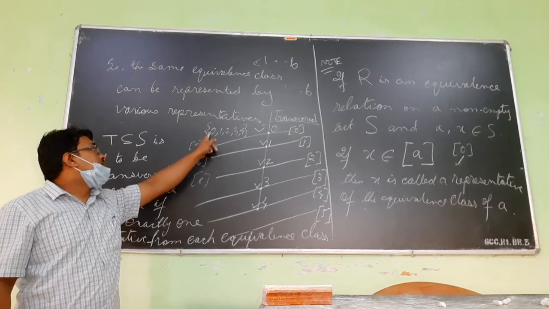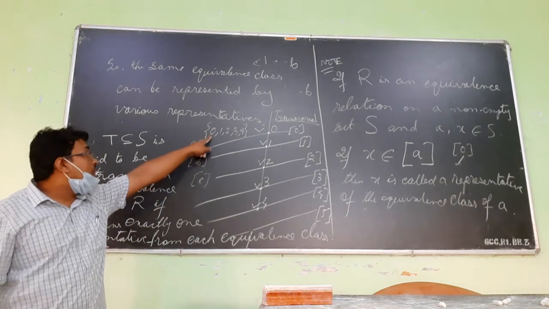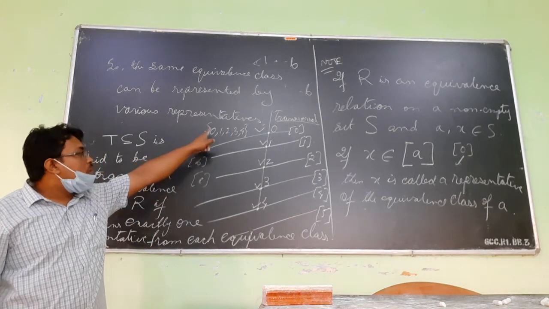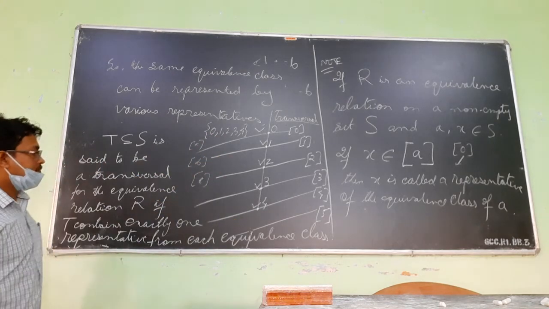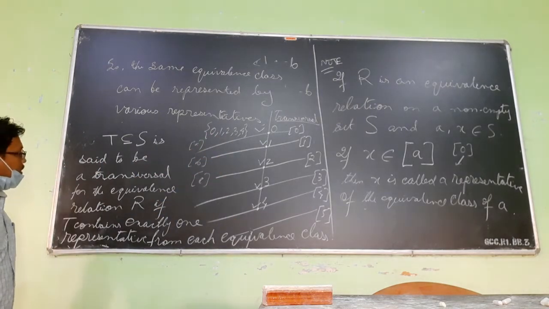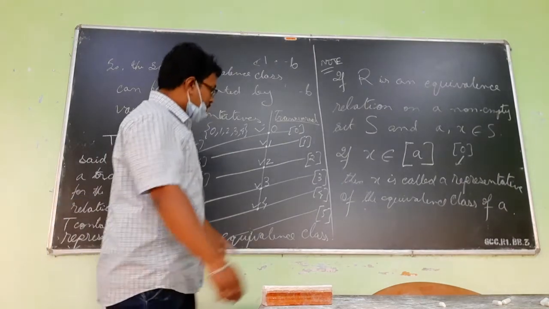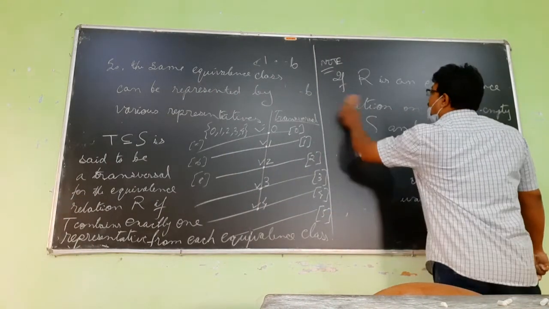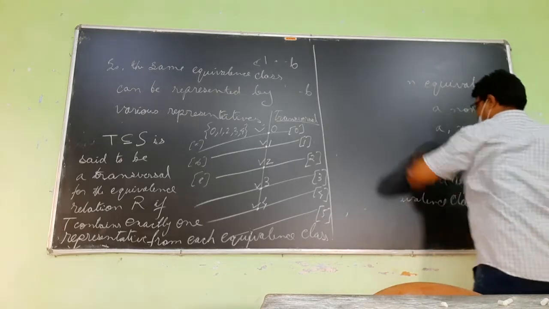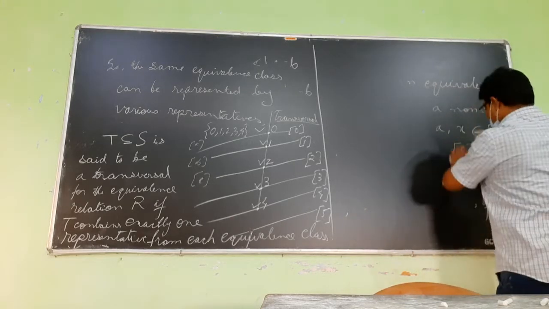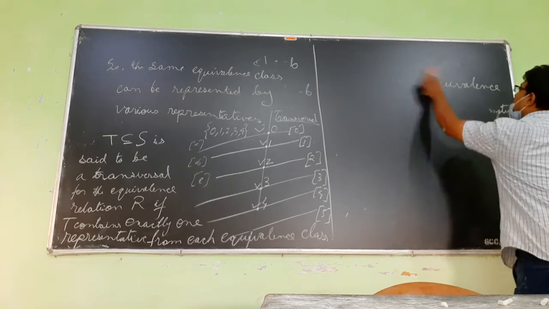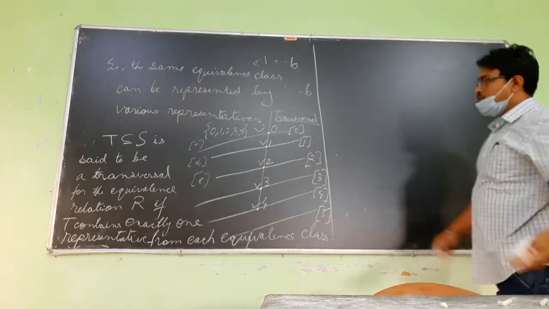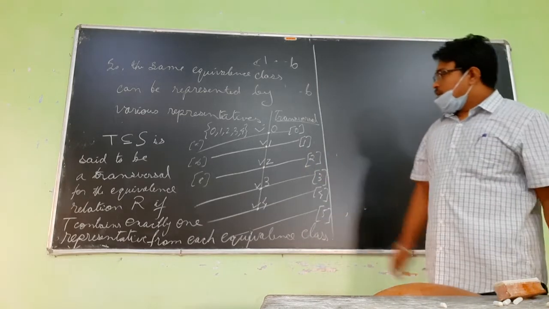So it is the set which contains exactly one representative from each equivalence class of R. So we will need this concept, then we can solve that problem in a better way.